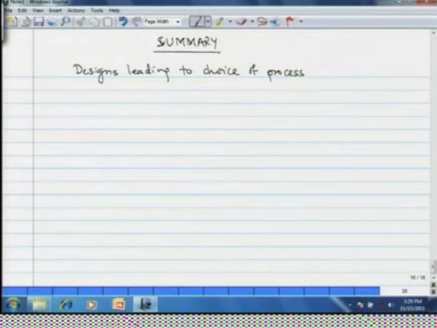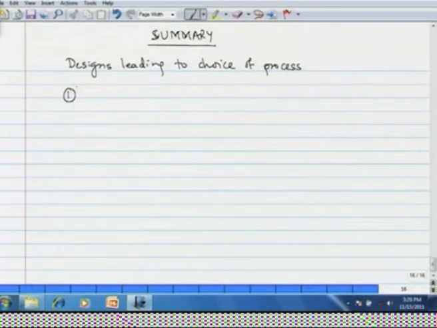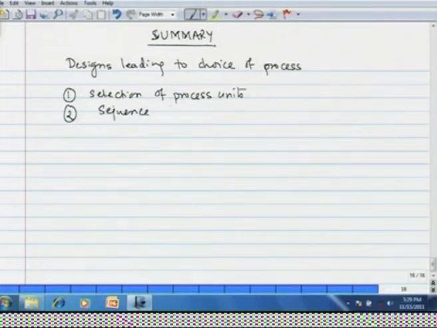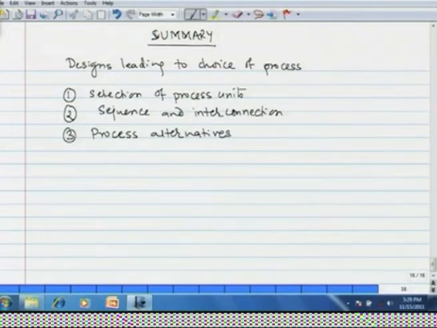The first is selection of process units. Then optimum interconnection or sequence and interconnection. Then the process alternatives that we need to consider.